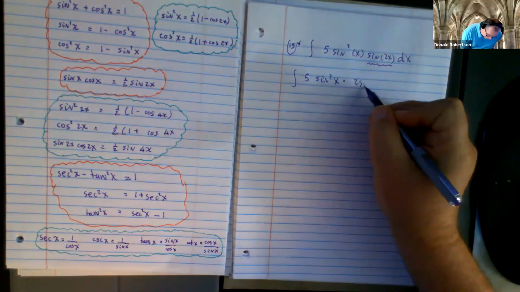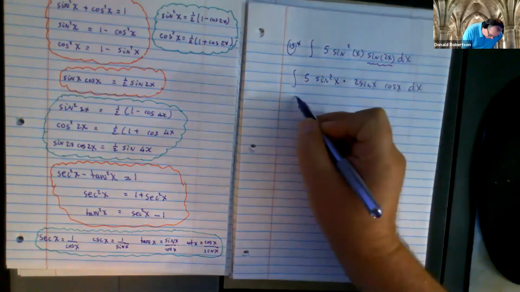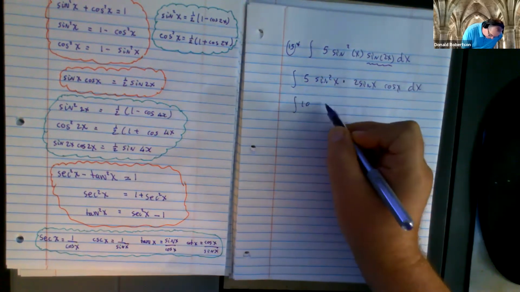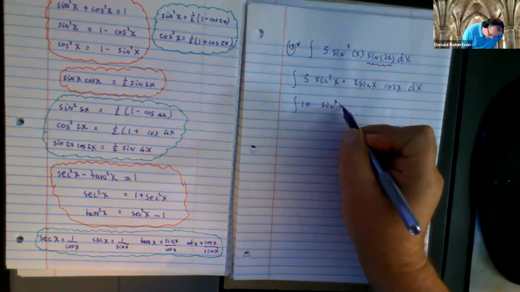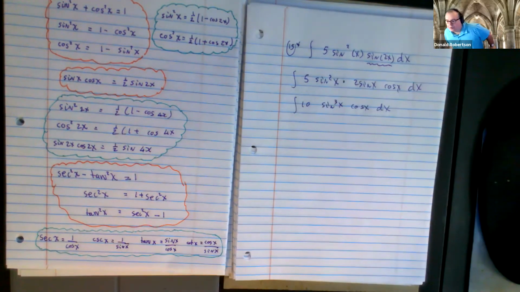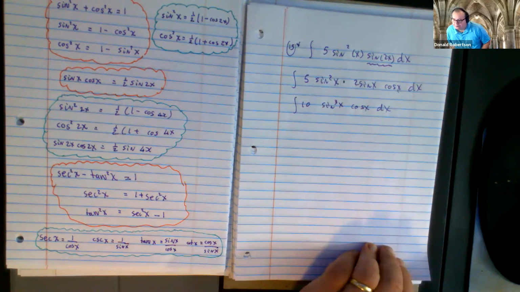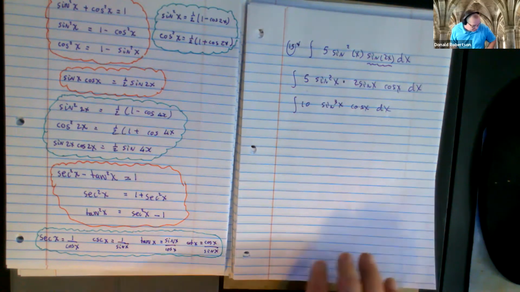Okay, called the double angle formula. Combine things together. Would you agree that's a nice U sub question and you can do the rest from there? Agreed? And the U sub will be sine x.